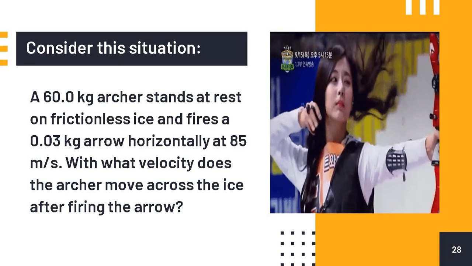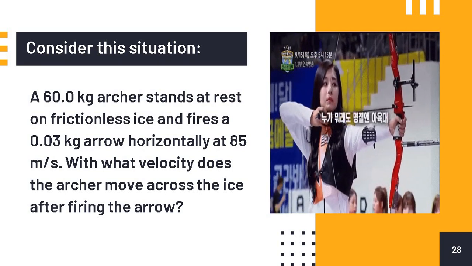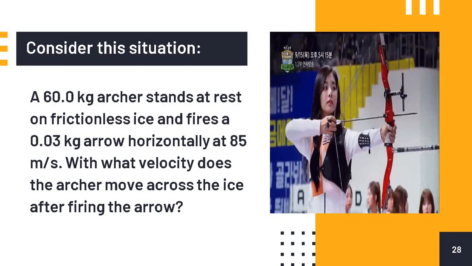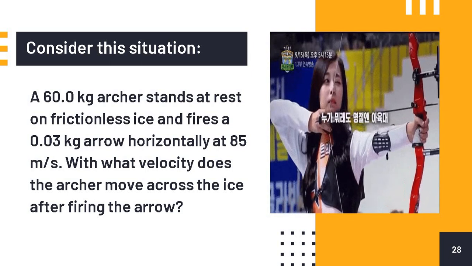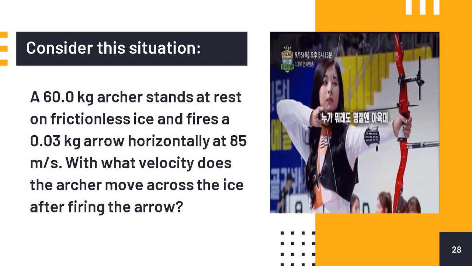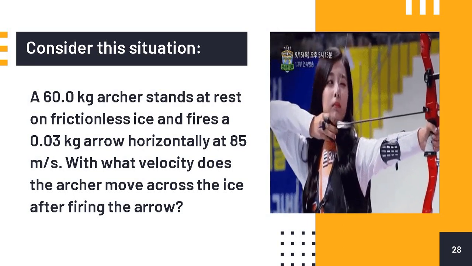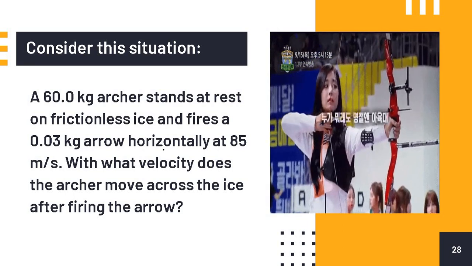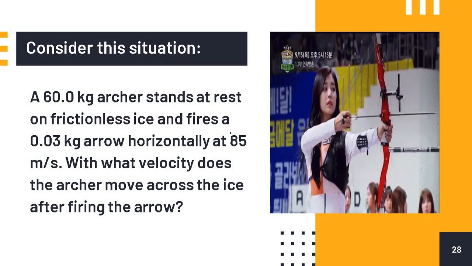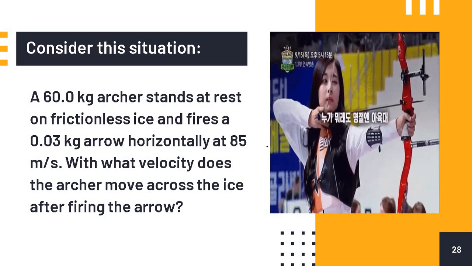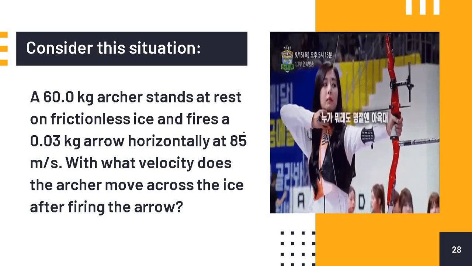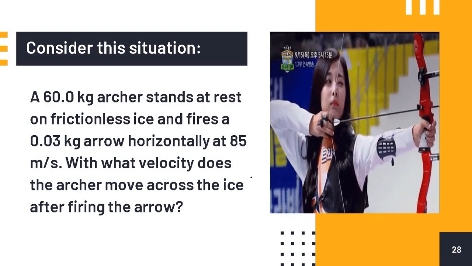According to the problem, we have a 60 kilogram archer who initially stands at rest, holding an arrow which has a mass of 0.03 kilograms. Remember that they are on frictionless ice for that specific scenario. Now, as the archer fires, the arrow gains a speed with a magnitude of 85 meters per second.